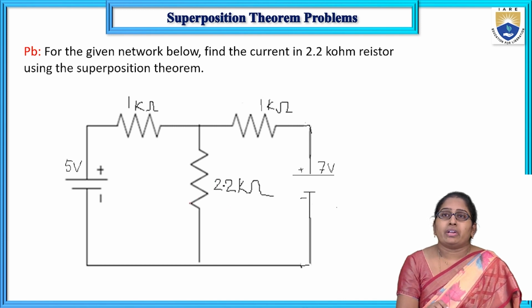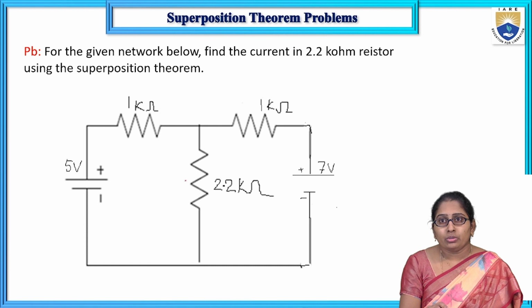So we know what the superposition theorem is. According to the superposition theorem, the response in any element is equal to the algebraic sum of responses caused by individual sources acting alone. First, we take the given circuit as it is, the circuit having multiple sources, and find the response in the 2.2 kilo ohm resistor.